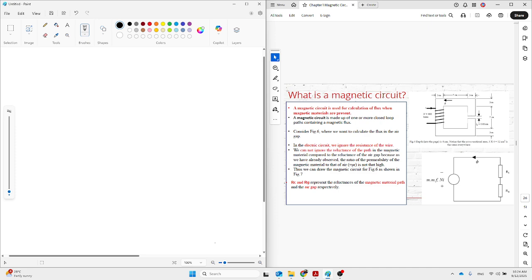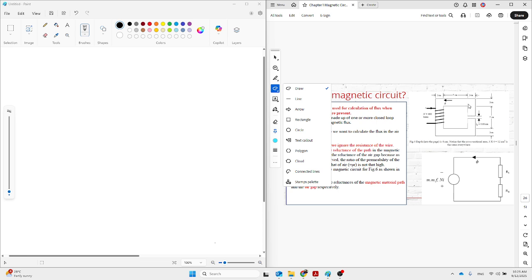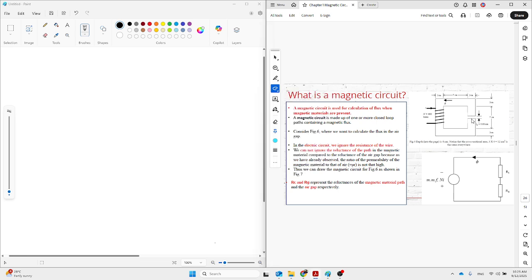So as you can see here, it is very clear that this reluctance, from this point, you can see all core, and the other one, which is for the air gap, are two series reluctances connected.